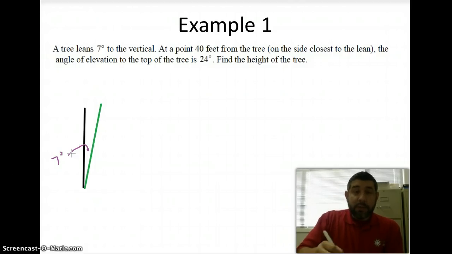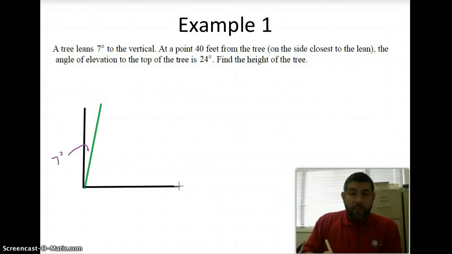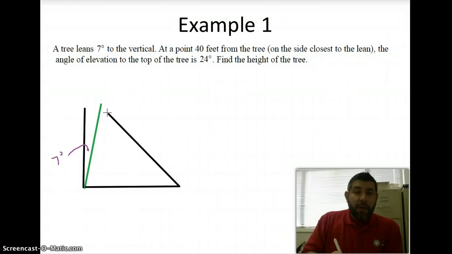Now, it also says that at a point 40 feet from the tree, so out here, 40 feet away, the angle of elevation to the tree, so let's draw the angle there, is going to be 24 degrees. So right here is 24 degrees. And we know that this is 40 feet away.